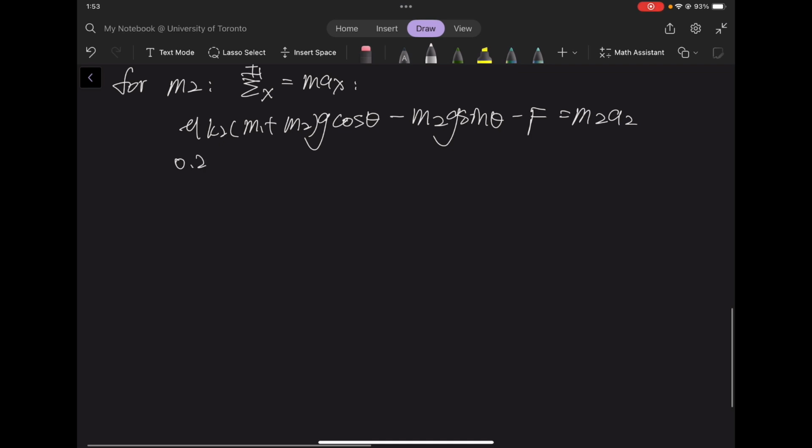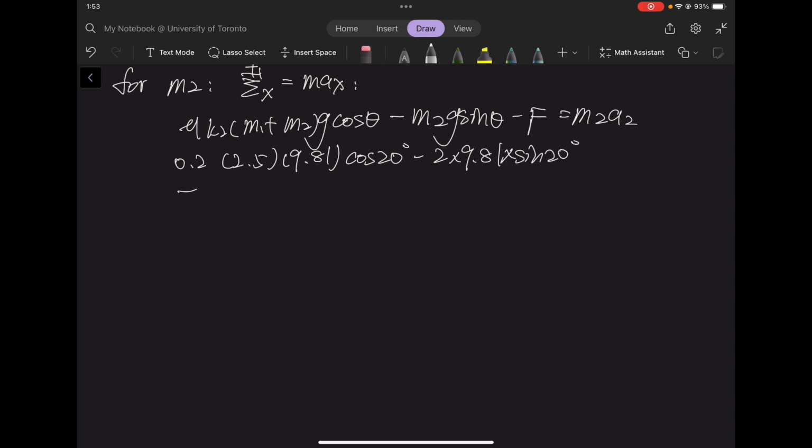So 0.2 times 2.5 times 9.81 cosine 20 degrees minus 2 times 9.81 times sine 20 degrees minus 0.08 times 0.5 times 9.81 times cosine 20 degrees is equal to 2 a2. A2 is equal to negative 1.235 meter per second square.